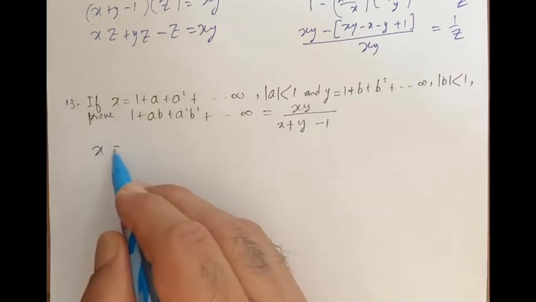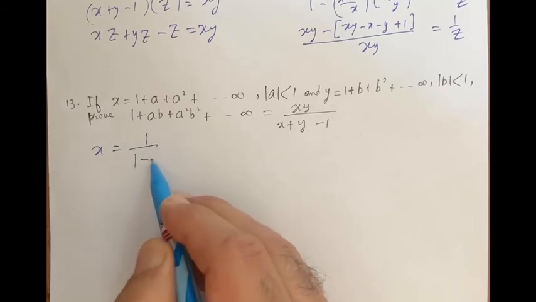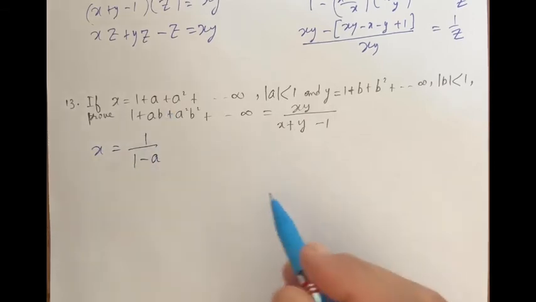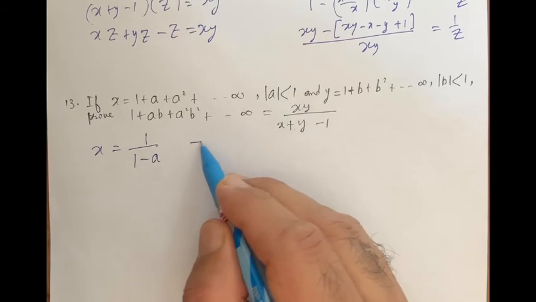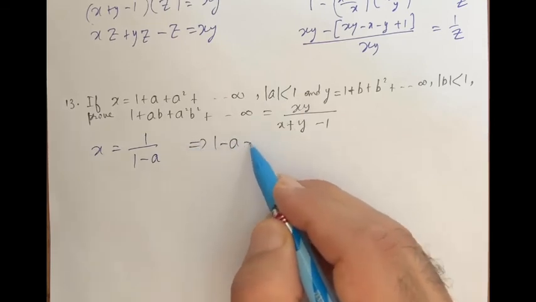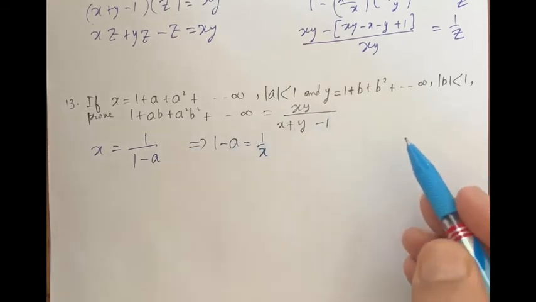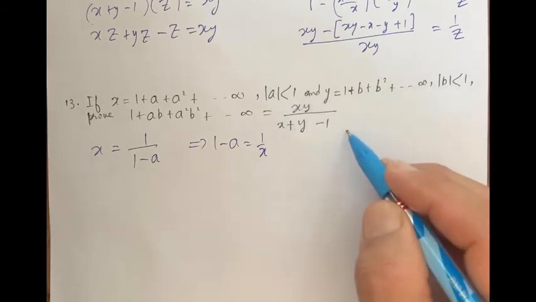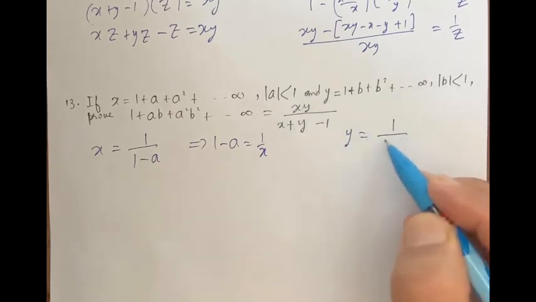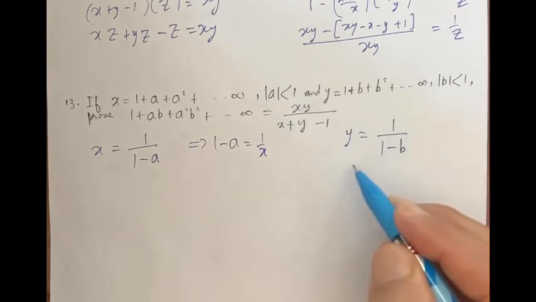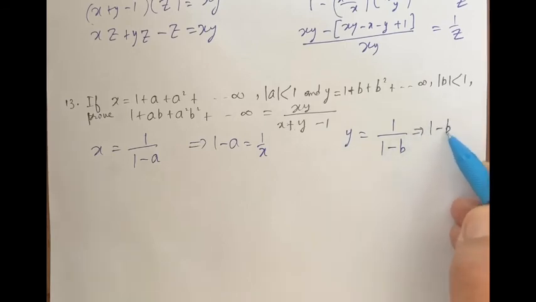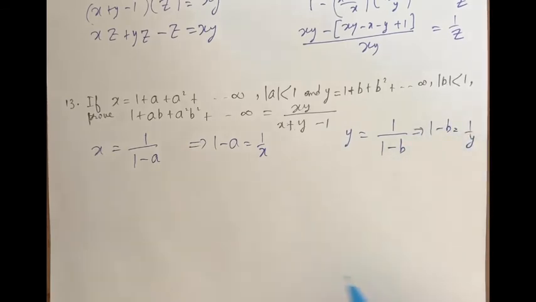Let's write x is first term 1 upon 1 minus common ratio, which is a. This can be written 1 minus a as 1 by x, and this series gives us y equals to first term 1 upon 1 minus common ratio, or 1 minus b is equal to 1 by y.